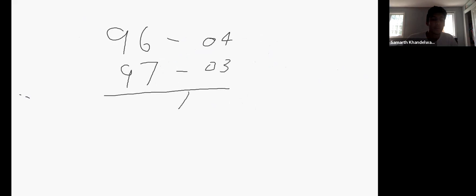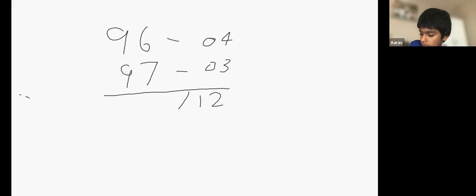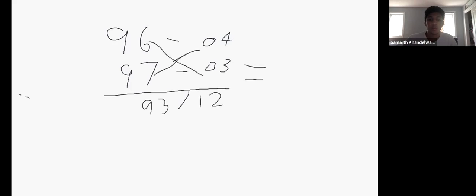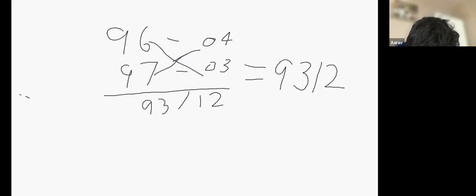And we're going to split it up right hand, left hand. 0, 4 times 0, 3, that's going to be 12. 96 minus 3 is going to equal 97 minus 4, and that's going to be equal to 93. I'm going to just connect this cross this way, just to show the cross, right? It's going to be equal 9, 3, 1, 2. You understand?